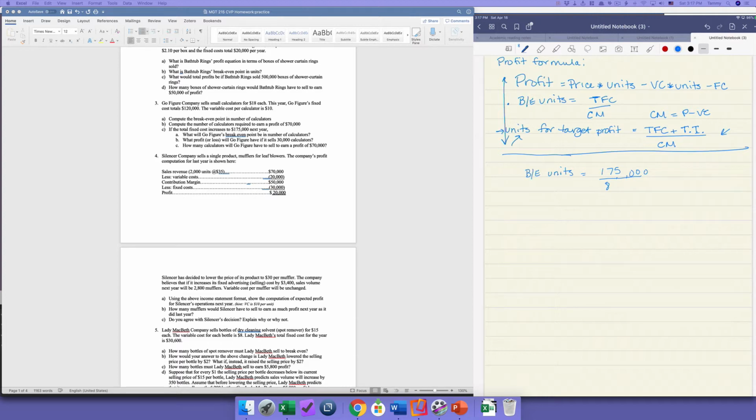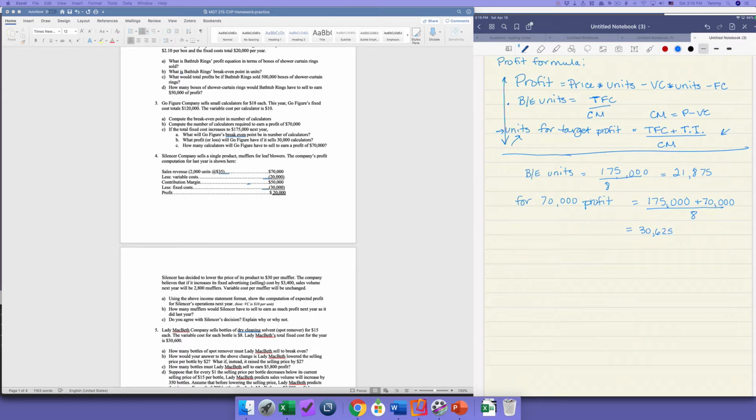So the number of units that we need to sell now is going to be 21,875. And again, to earn the $70,000 profit, it's going to be 175,000 plus 70,000 over 8, which gives us 30,625 if we solve that out.